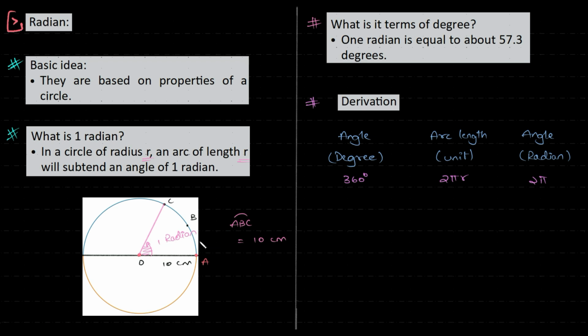If I take a thread and measure the radius of the circle, say in this case 10 centimeter, along the length, and then measure one more radius, and one more radius, 1 2 3 4 5 6, not exactly, I think I should have done better over here. Maybe it will come over here and the next one will come over there, something like this. Yeah, that would be better.